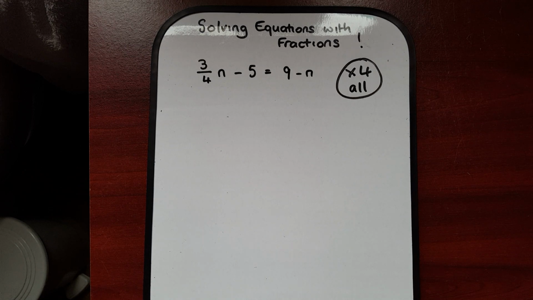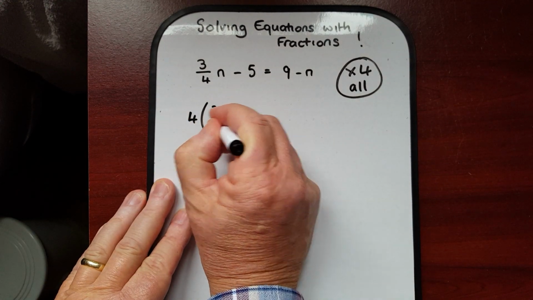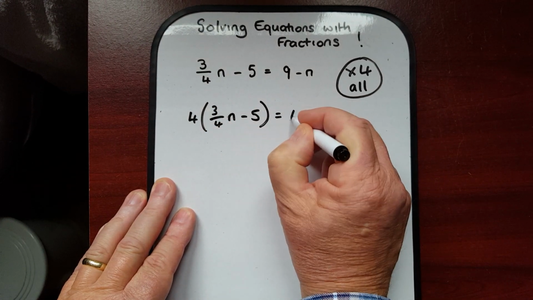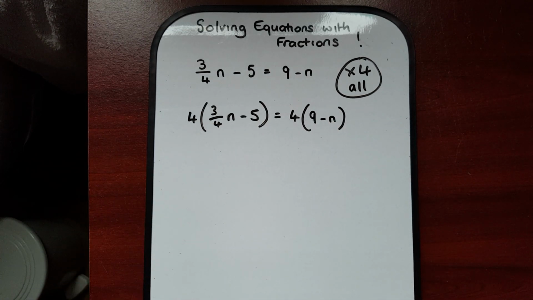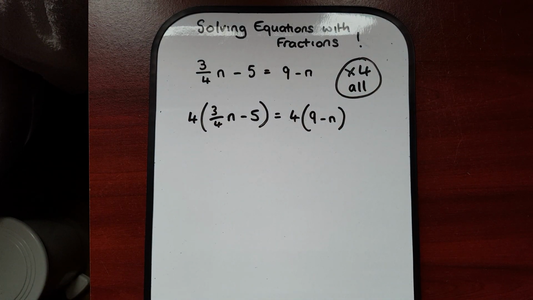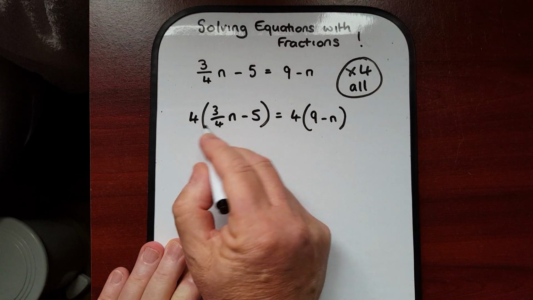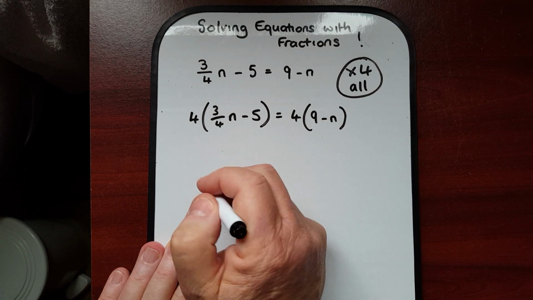So what does that mean we're going to do? It means we're going to do 4 lots of 3/4 of (n minus 5) equals 4 lots of (9 minus n). And what that means is that if we multiply this by 4, we're getting rid of that divide by 4.